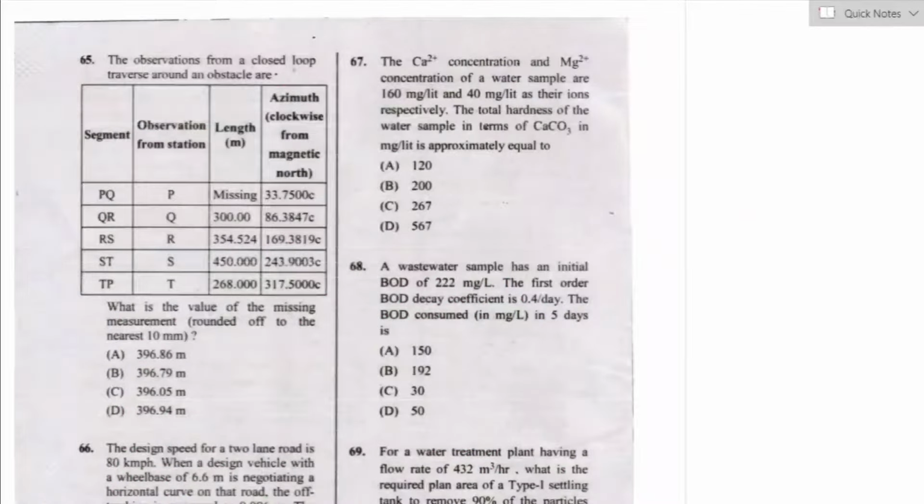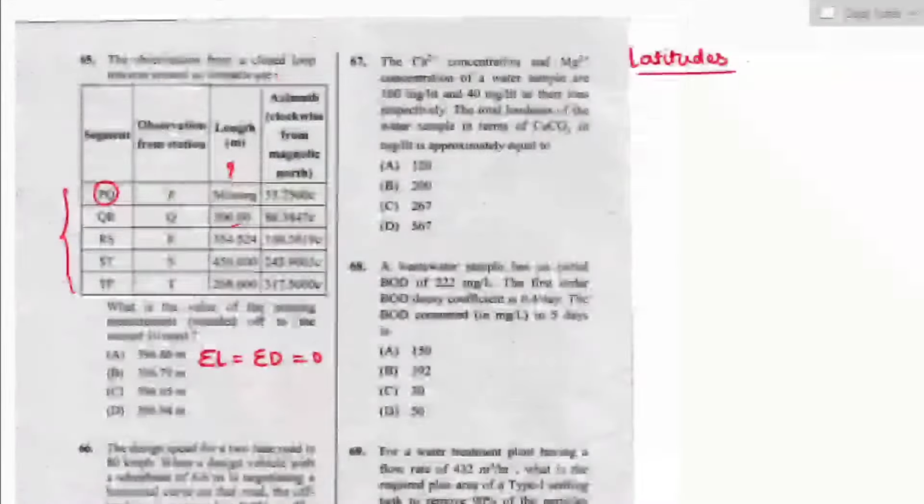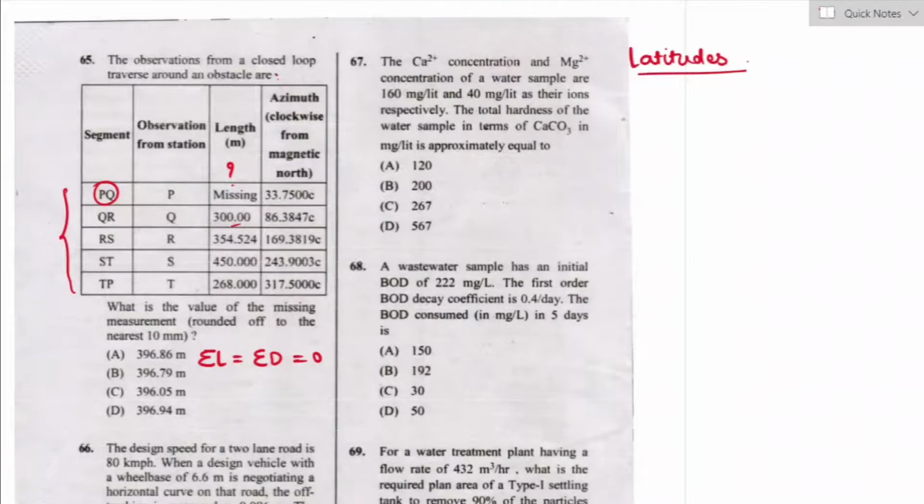Question number 65. The observation from a closed loop traverse around an obstacle are given in the following table. These are the 5 different segments with corresponding length and azimuth angles. What is the value of the missing measurement? So here for the segment PQ, the length is missing. We know that for a closed loop traverse, the summation of latitude and summation of departure is equal to 0. So let us find the latitudes for each different segments in the closed loop traverse.